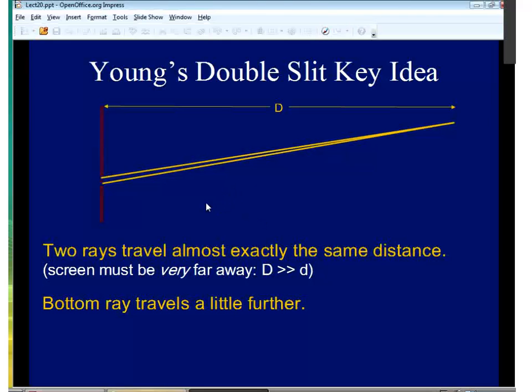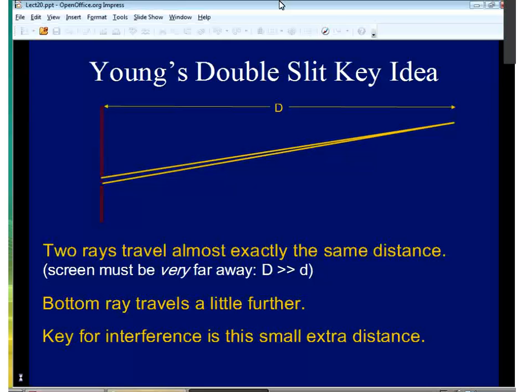And in this figure, the bottom ray would travel more. But if I take a point here, the same can be said for the top ray. So it all depends which point you are talking about. Here, the bottom ray travels a little more. So that little extra distance is giving rise to path difference.